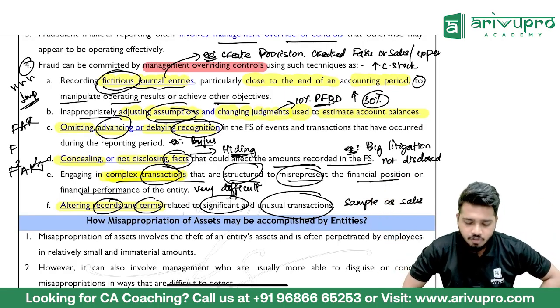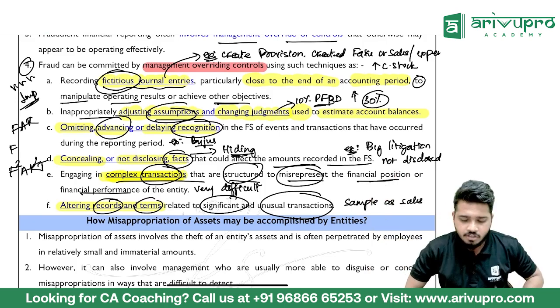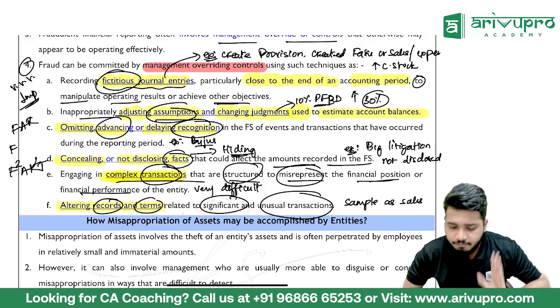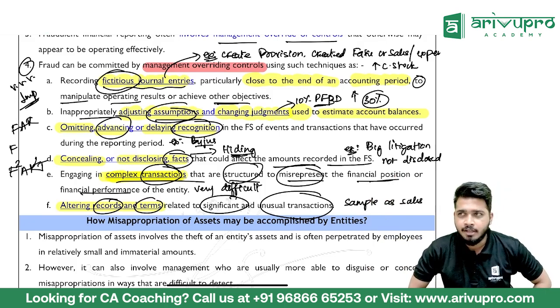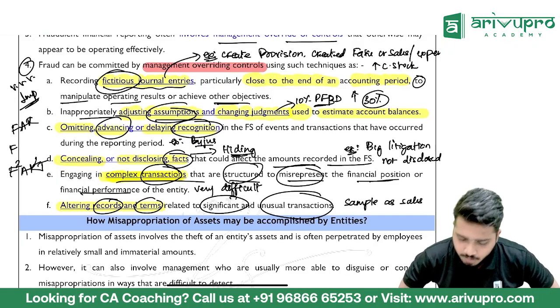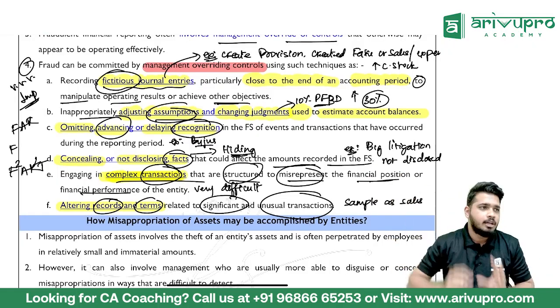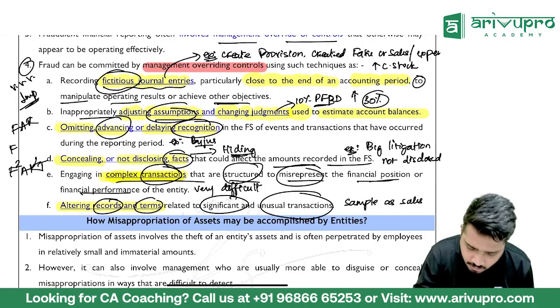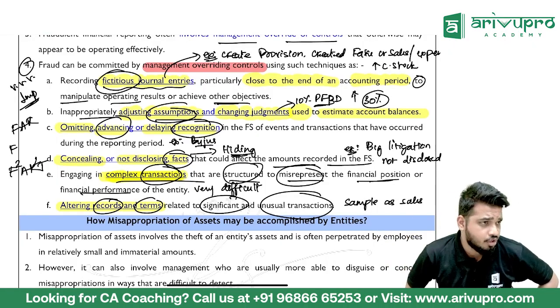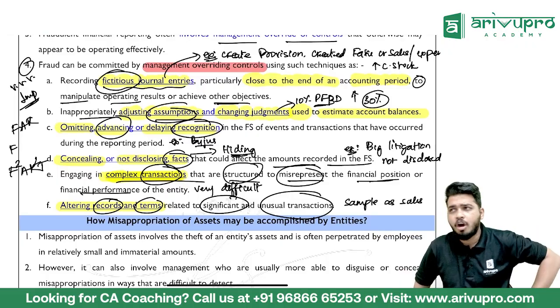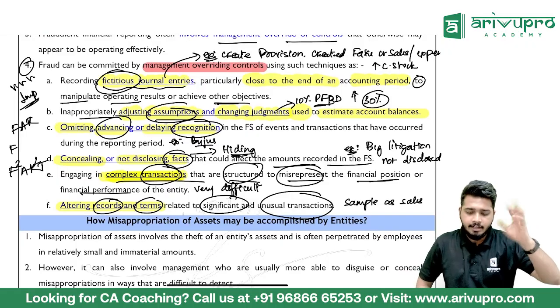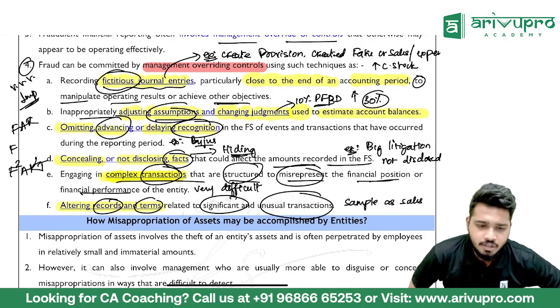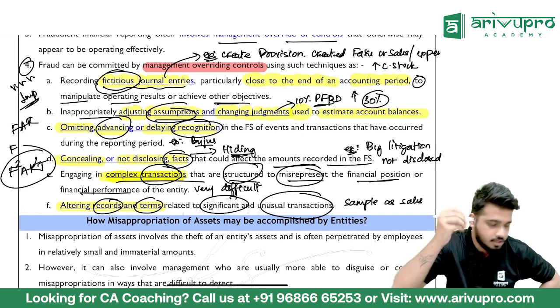F square: fictitious journal entries and facts, concealing or not disclosing facts. A: adjusting assumptions and judgments that have been adjusted and changed. R square: records and recognition, omitting, advancing or delaying recognition, alteration of records and terms. And T: engaging in transactions. Which transaction? Complex transactions. Remember it like this.